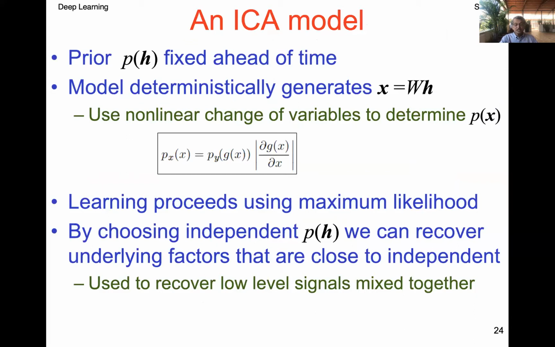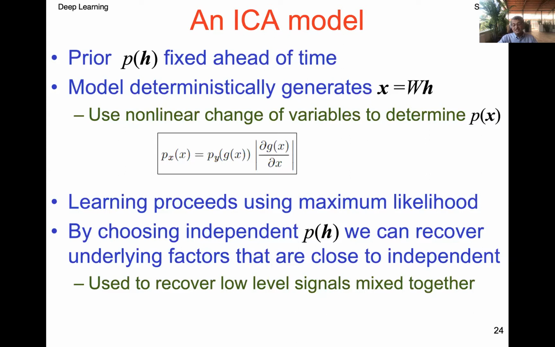So for this kind of independent component analysis, the prior p_h is fixed ahead of time, and the model deterministically generates x, and we use change of variables to determine p of x when a derivative is being taken, and learning proceeds using maximum likelihood. By choosing independent p_h, we can recover underlying factors that are close to independent and used to recover how low-level signals are mixed with each other.